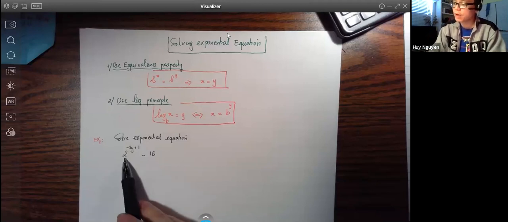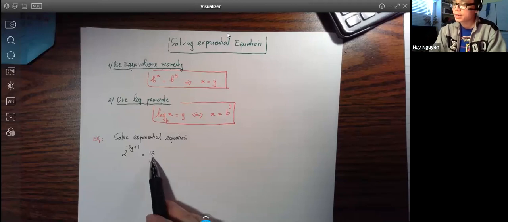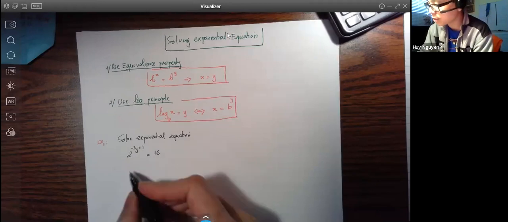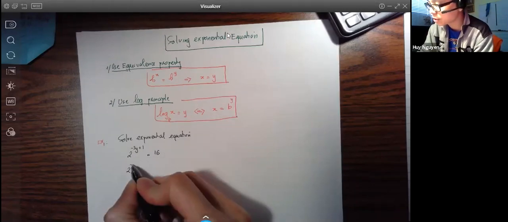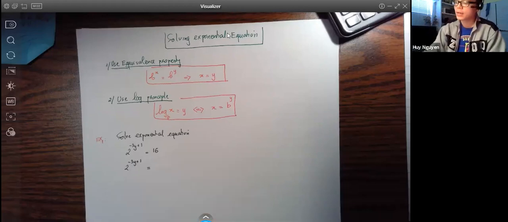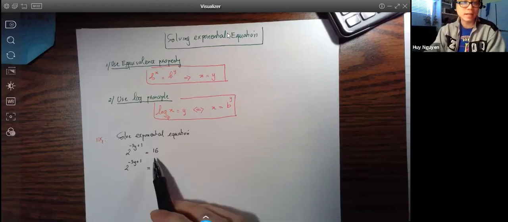So just think about that. If I can rewrite 16 as a power number with base 2, then both sides will be the same, right? So let me rewrite the left-hand side. The left-hand side, we're not touching that. Now, can anyone help me rewrite 16 as a power number with base 2?